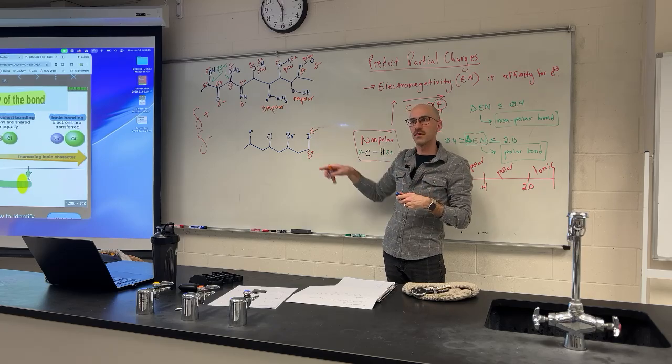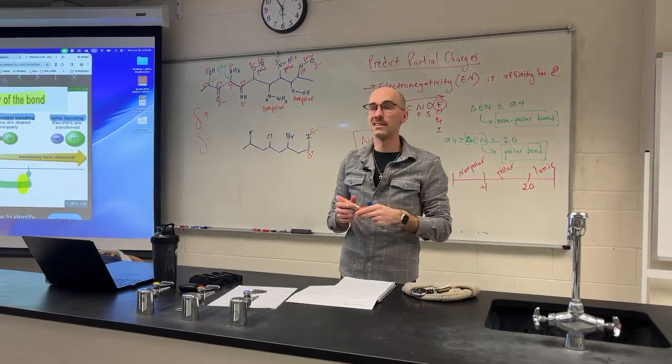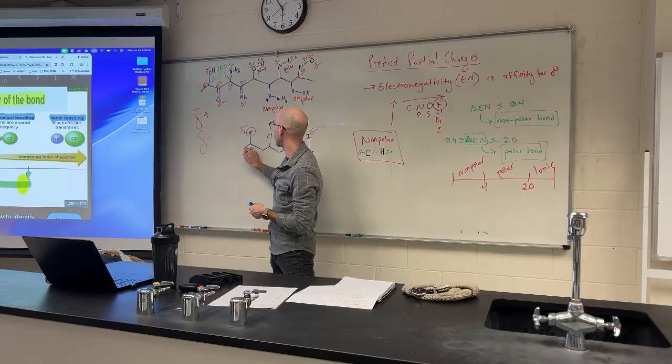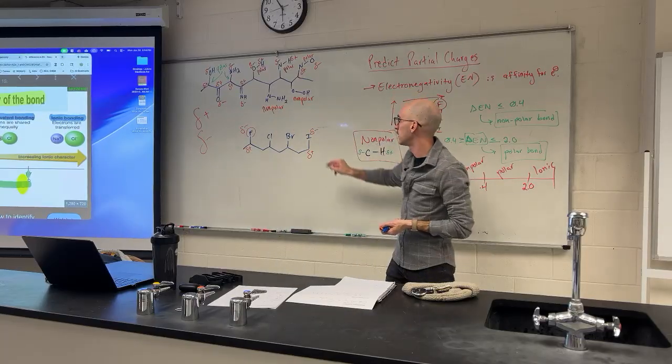I'm going to ask you to believe in it because of its size. Fluorine is a very small atom, but it's very electronegative, so it pulls on those electrons very strongly.